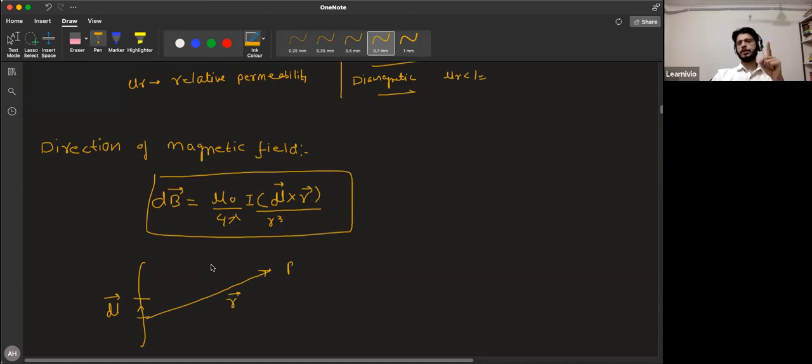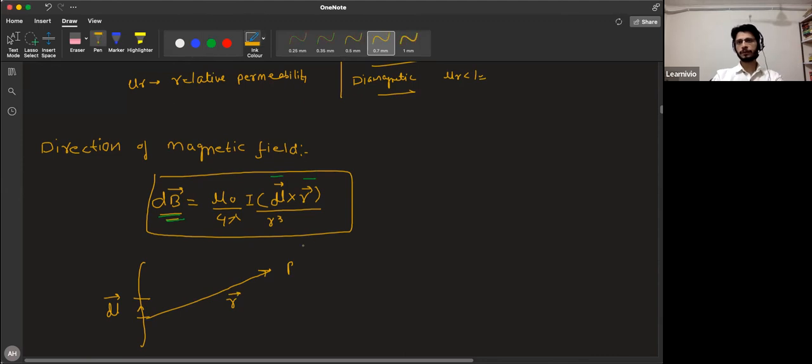The first thing is that the magnetic field dB that you are getting from this expression is coming from the cross product of dl as well as r. So your magnetic field should be perpendicular to both dl as well as r.